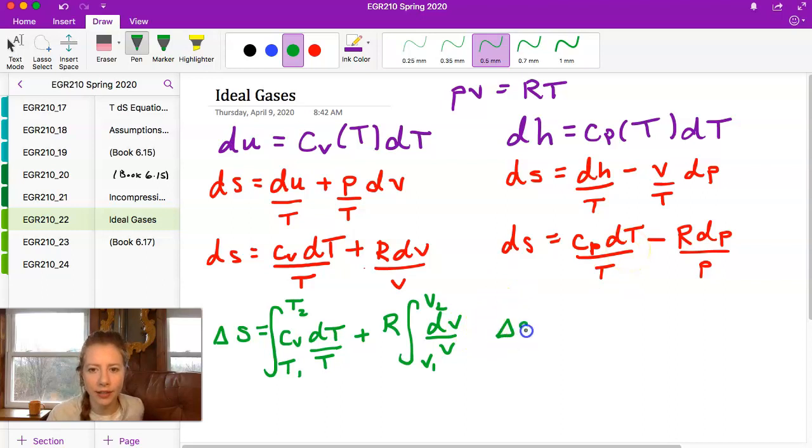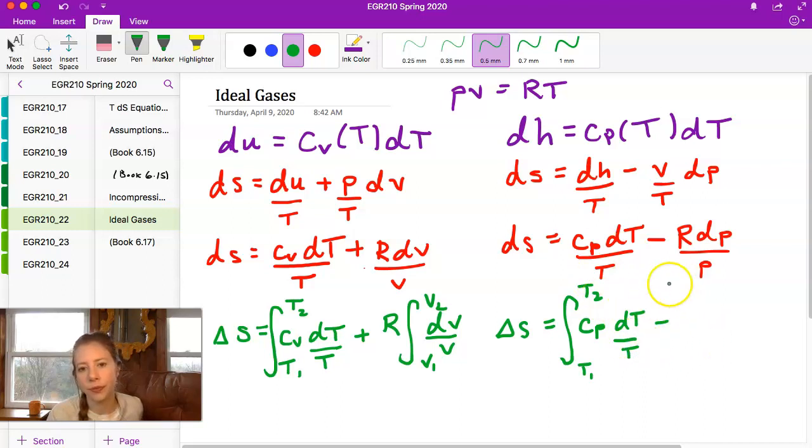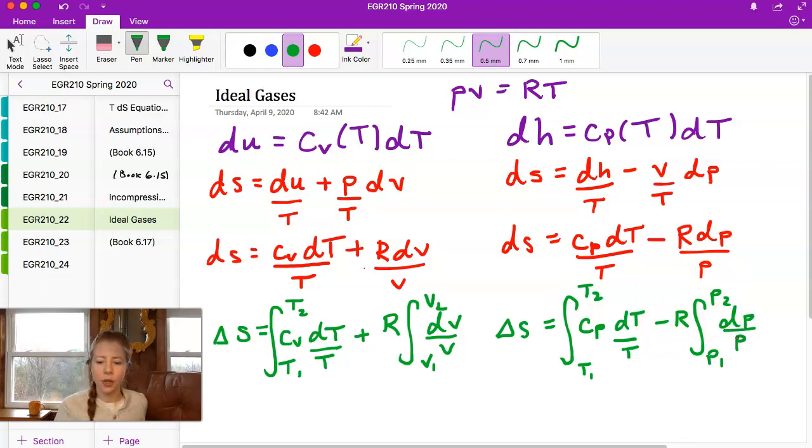So over here, delta S is going to be equal to the integral from T1 to T2 of Cp dt over T minus R times the integral from P1 to P2 of dP over P. Well, these pieces should be pretty clear.